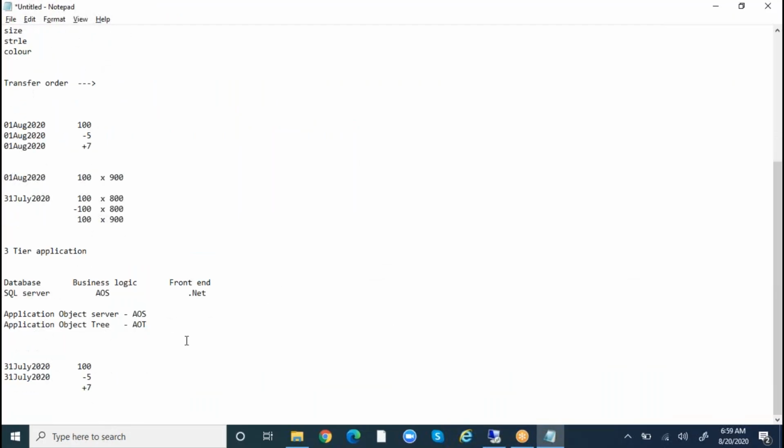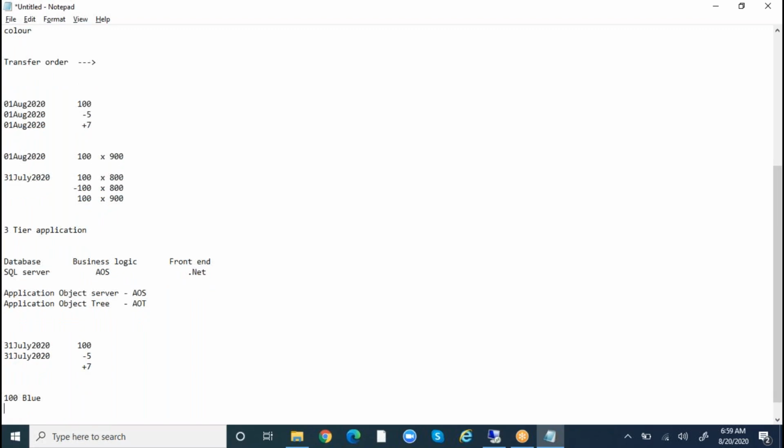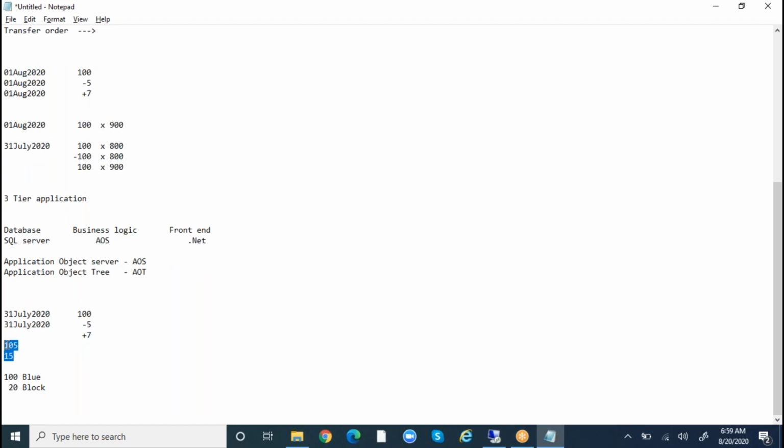Okay. Practically tomorrow I will show you. Here, like 100 quantity blue color available and 20 quantity black. These are the actual, but in the system it is showing 105 and 15. In the system it is showing like this, but actually this one. Then what I need to do, I need to decrease here -5, I need to increase +5.